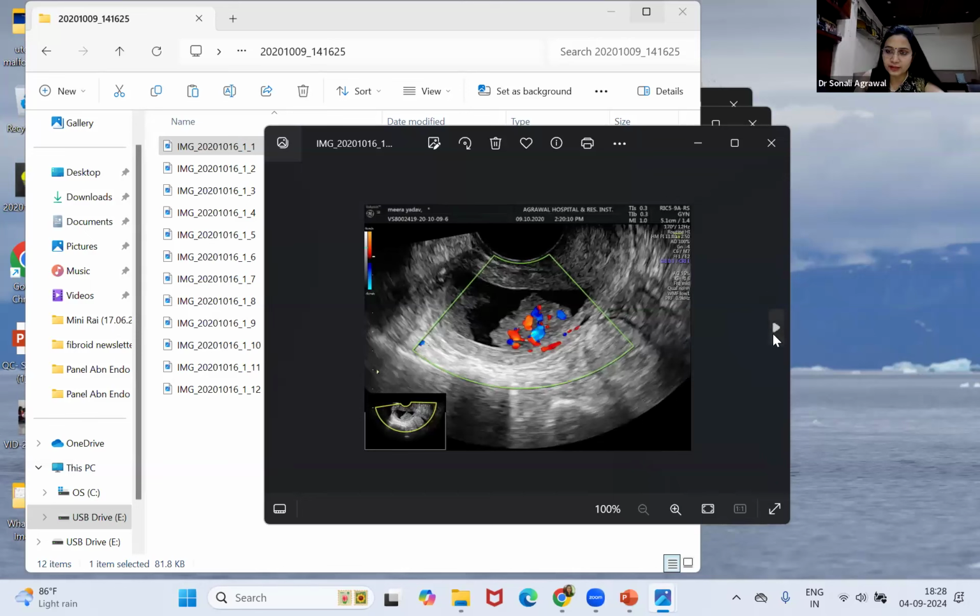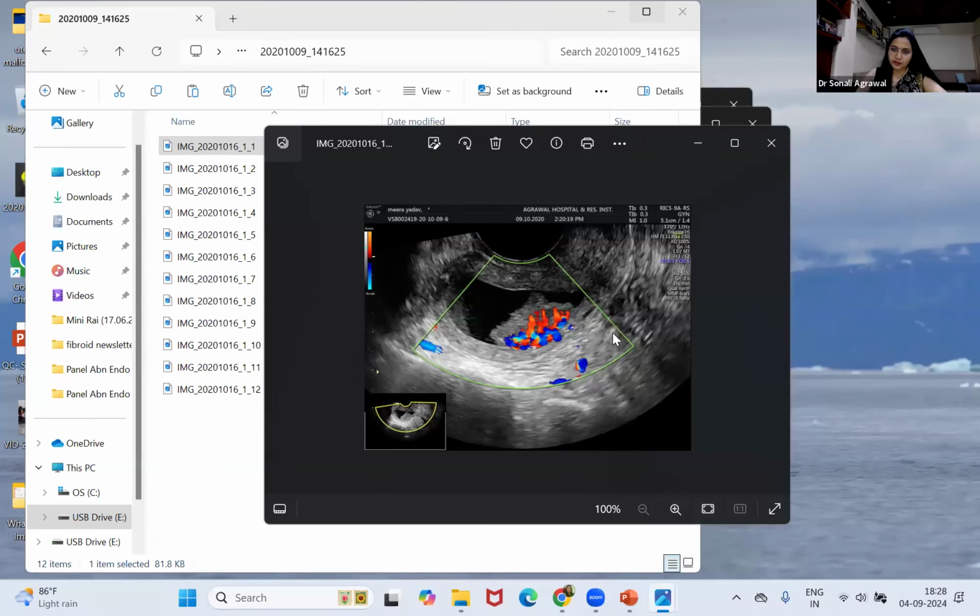So now this is the color picture of this patient, which is showing a high color score of 3 and 4. Most probably this is the spot diagnosis of endometrial carcinoma, as we can see all the features of malignancy are there.